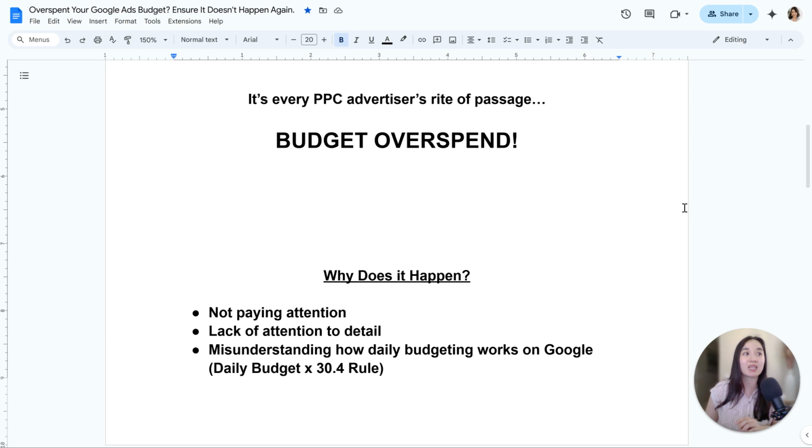But it should not exceed your average daily budget multiplied by 30.4. So sometimes Google will overspend on a day, but then it might underspend in future days to make up for it. So that's how it works.